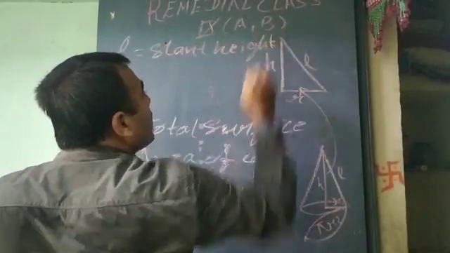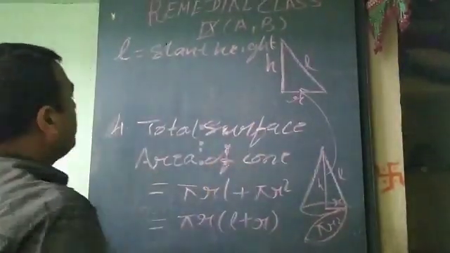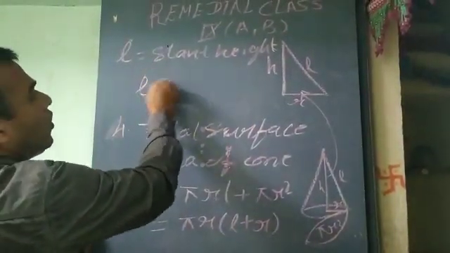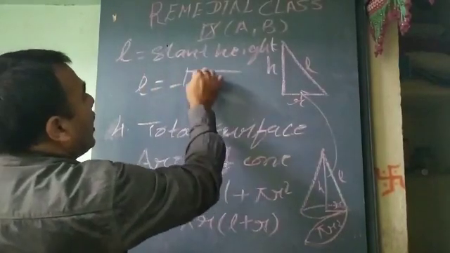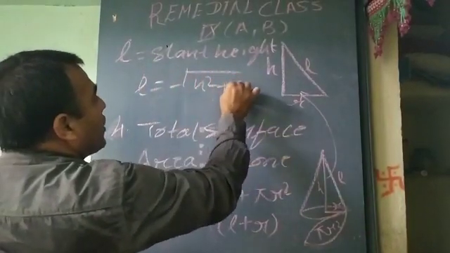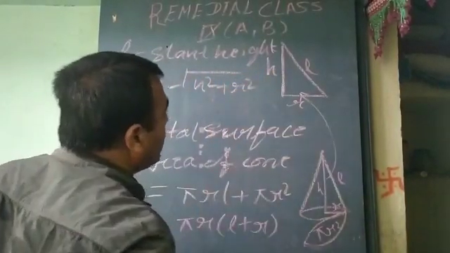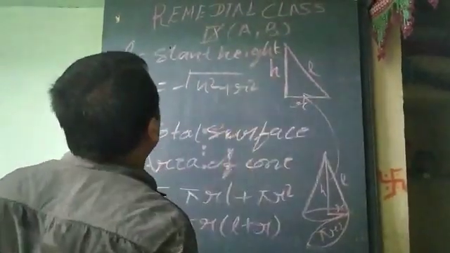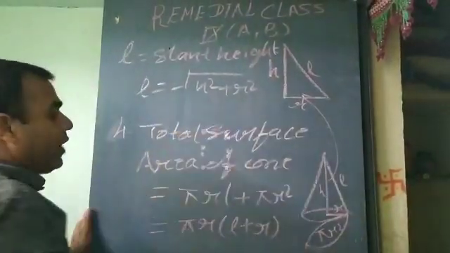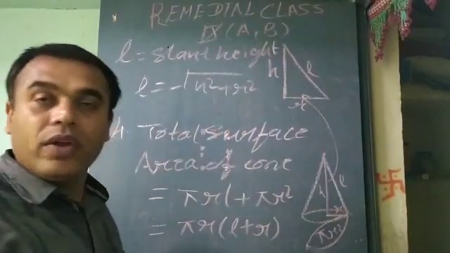So by Pythagoras theorem, we can find L equal to the square root of h square plus r square. So this is the slant height. This is how we can find the slant height of a figure.